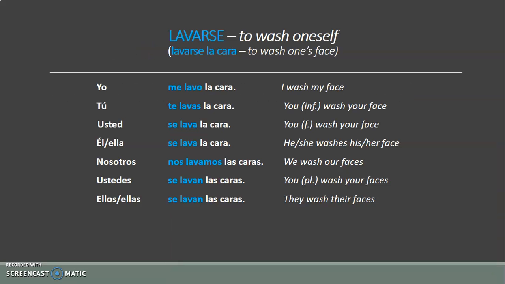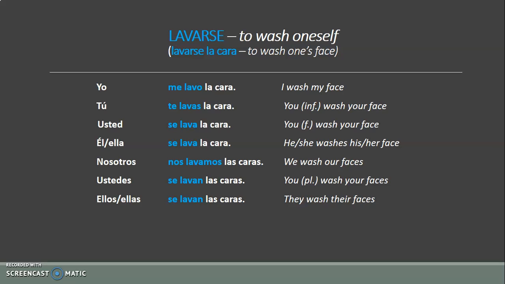So, let's look at this example. Remember we spoke about the verb lavarse and how we can use it as a reflexive verb? Usually we have to add an object that has to do with us, that's a part of the body, maybe. So lavarse la cara, to wash one's face. Okay?